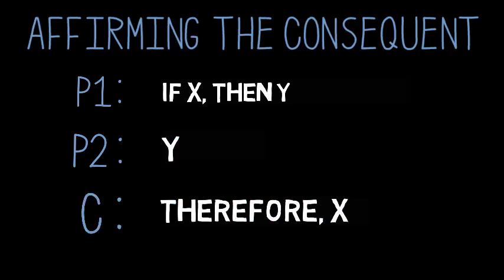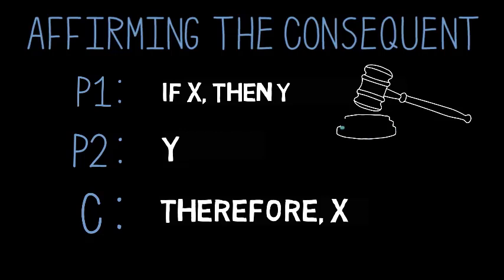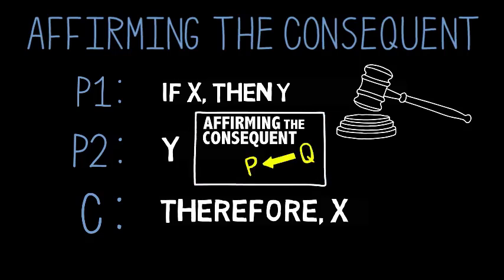And this form of fallacy is one that you don't want to use. This is actually one of the fallacies frequently tested on the LSAT. So if you're interested and want more practice in identifying this fallacy, check out the video on affirming the consequent. We will talk more about this and other formal fallacies in upcoming videos.